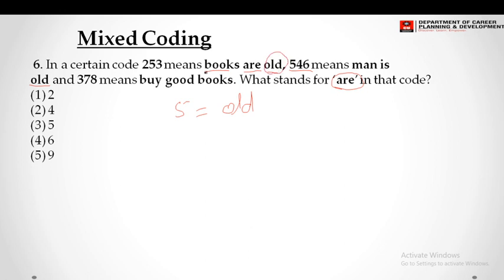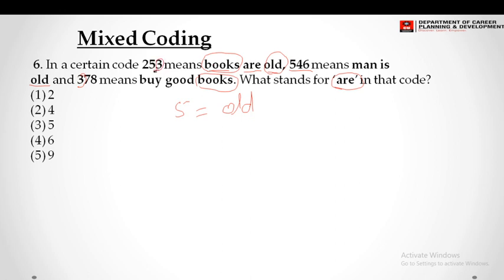Now next, if we compare the first and last, we find the books are common. Books is given in the third also, buy good books, and books are old. So books are common, so the code of books will be common. The common in these two is 3.